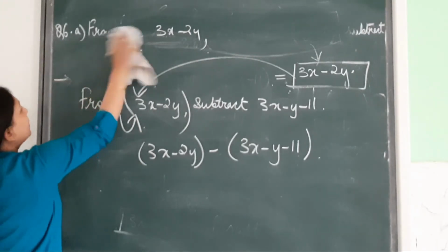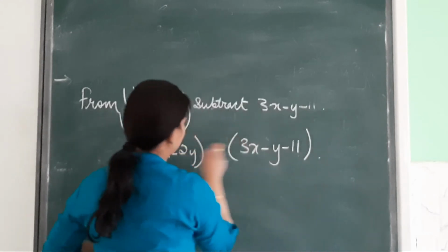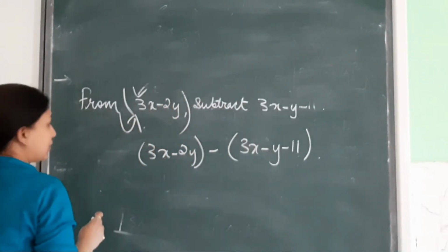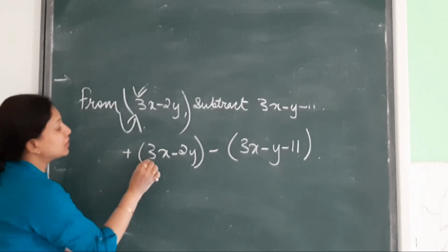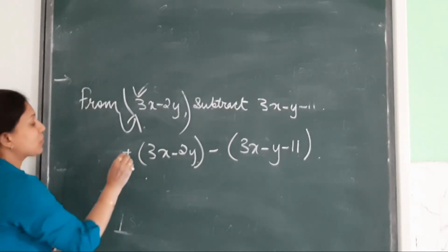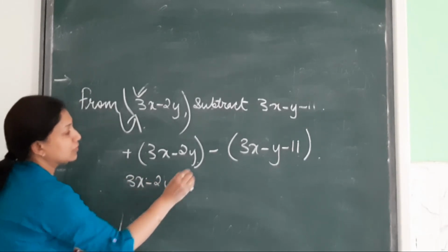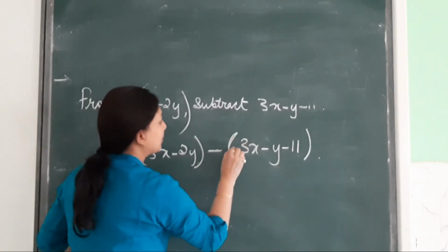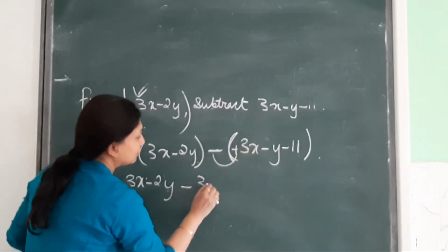So now you will move to the solution part. See, brackets are already there. We start with the first step. Open the bracket. Plus sign means this will remain as it is. Plus into plus, plus 3x minus 2y. Now check minus multiplied by plus. Minus into plus, minus, write down 3x.